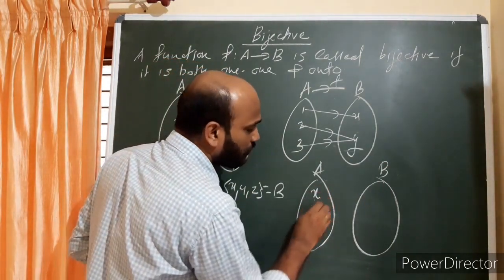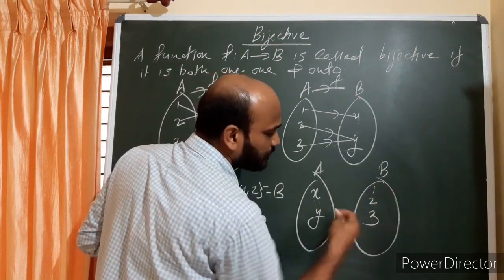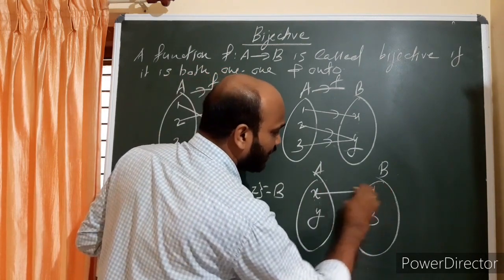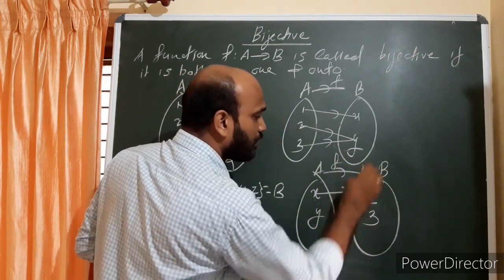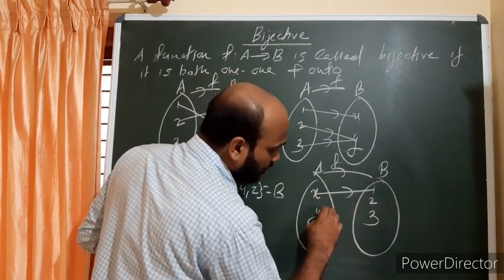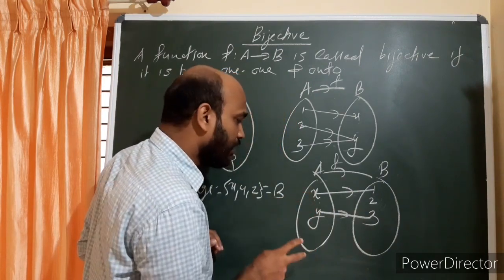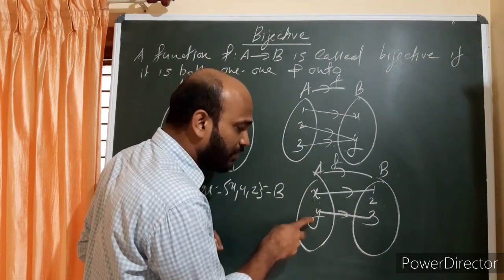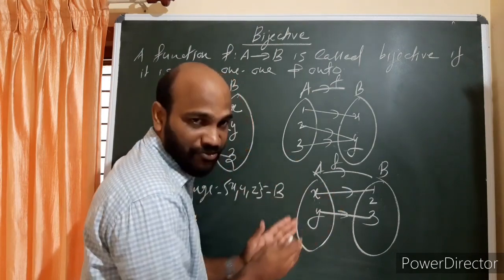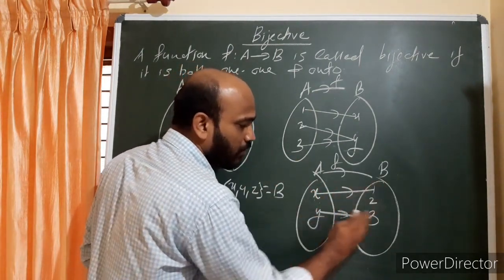Suppose A consists of 2 elements x, y, and B consists of 3 elements. x is related with 1, y with 3. This is one-one, because x and y are different and the images are different. Image of x equals 1, image of y equals 3.